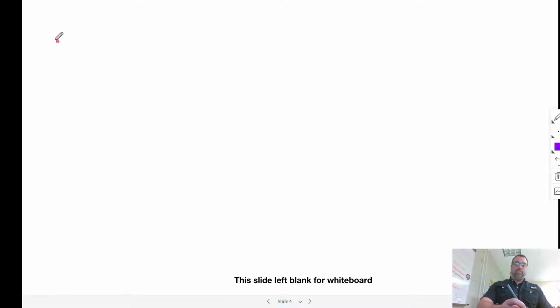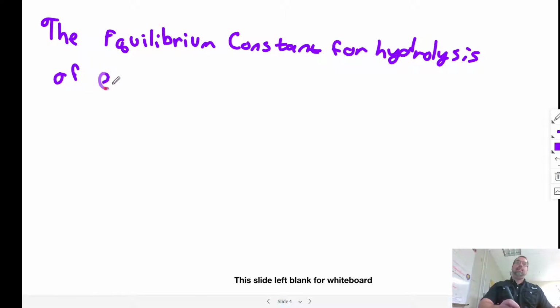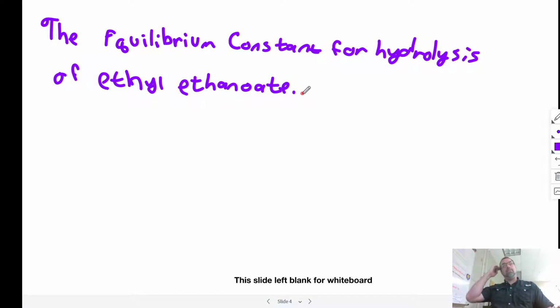And the lab that we're going to go over is the lab titled the equilibrium constant for hydrolysis of ethyl ethanoate. Okay, so this is the lab that we're going to be working with today.